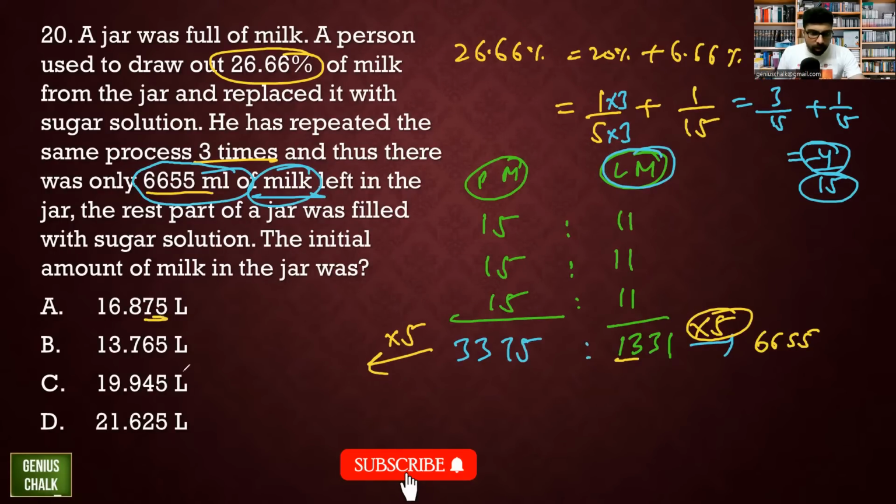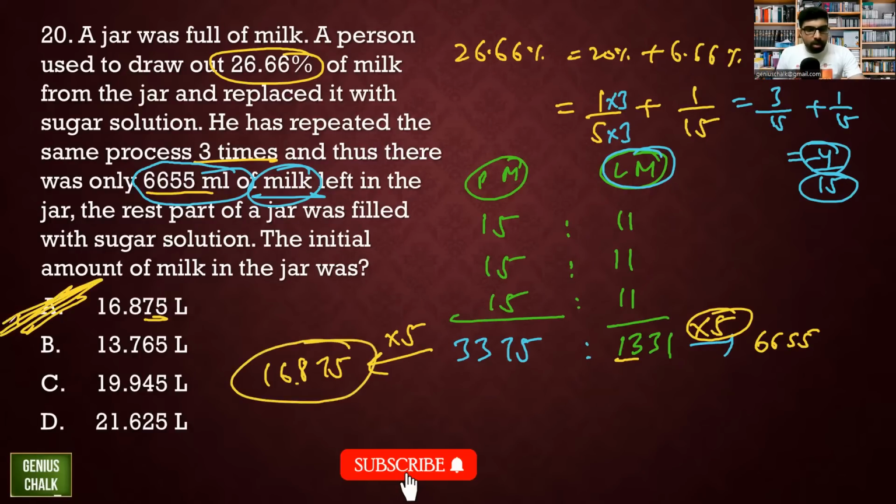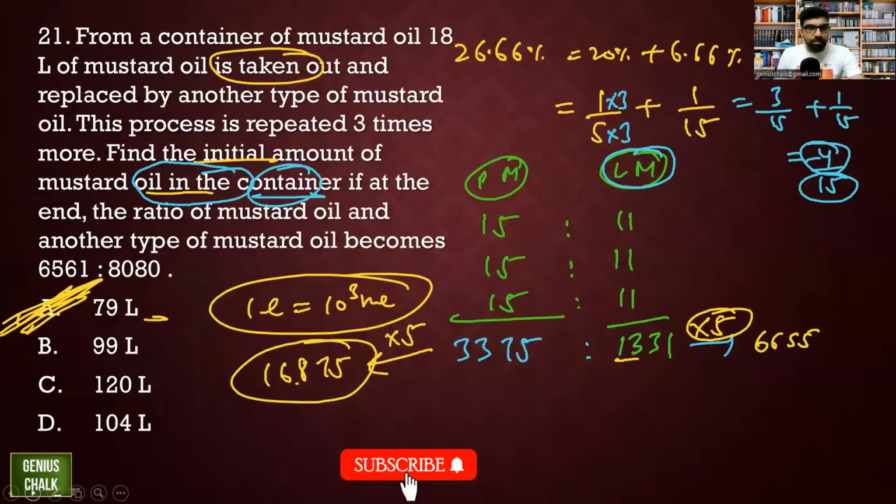It should end with 75. Only one option is there, so it has to be 616875, and it's in ml. So dividing by 1000, it will be option A. As we already know, 1 liter is 1000 ml, right? So dividing this ml by 1000, we'll get option A as our answer.